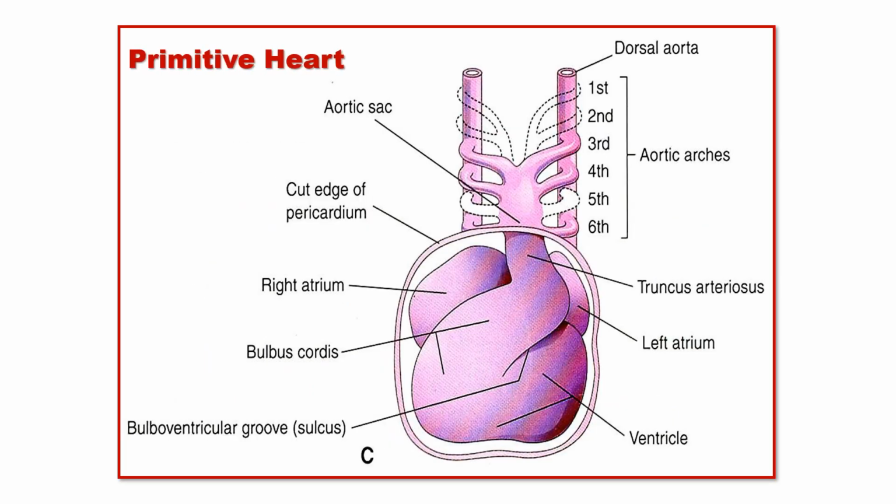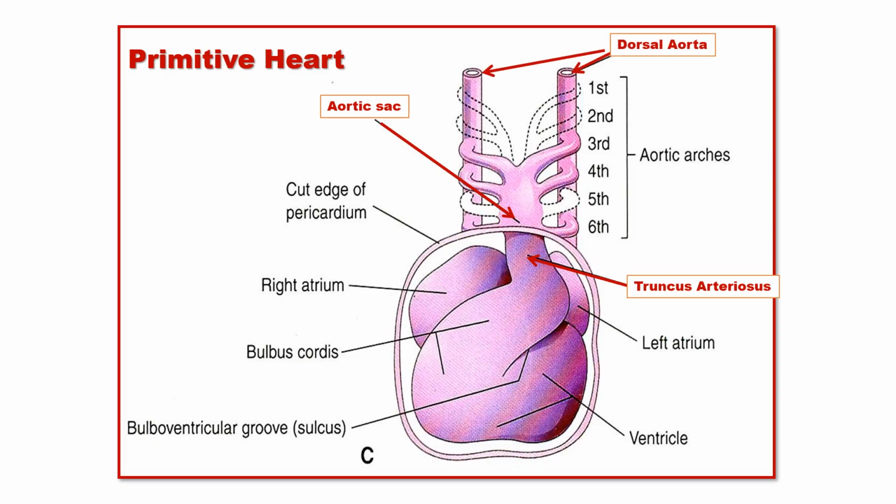So, showing the primitive heart, the cranial end of which is a truncus arteriosus, which is further divided into the ventral aorta and pulmonary trunk. The ventral aorta presents right and left horns and is connected to the dorsal aorta by aortic arch arteries, 6 pairs in number.